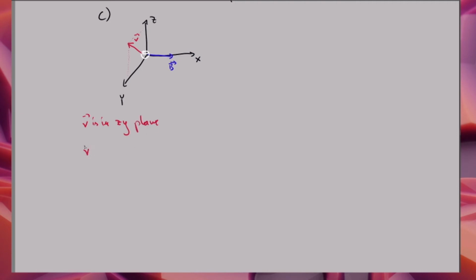If I were to write out the velocity vector, I would have to write it as 0 for the x component, and then some vy, and then some vz. But there would be no x component of this velocity because this velocity belongs entirely to the zy plane. All right, now also note that the charge Q is negative. So let's calculate the force and let's figure out its direction.